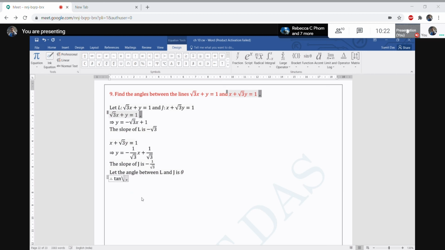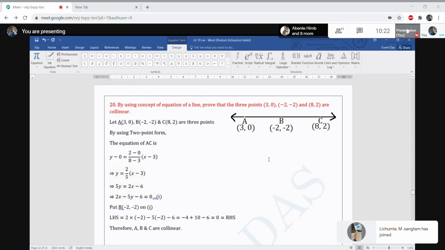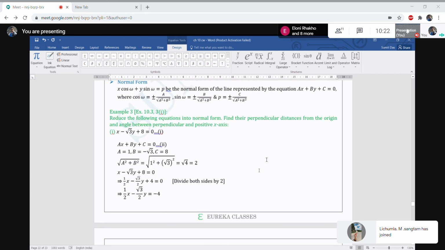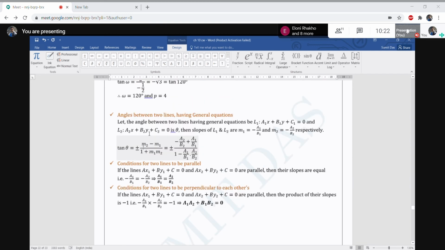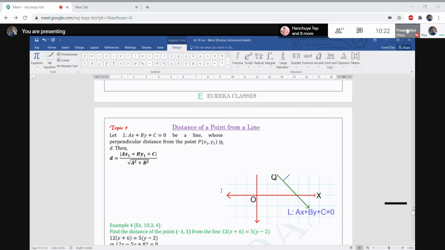Tan theta equal to modulus of, here it is m2. What is m2? M2, let me show you the formula again, because you never studied. Angle between them: m2 minus m1 divided by 1 plus m1 m2.